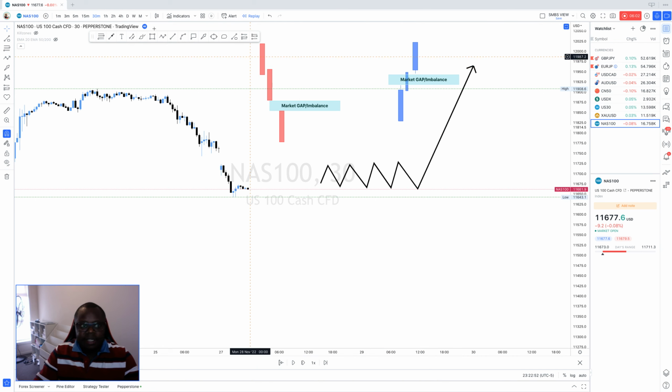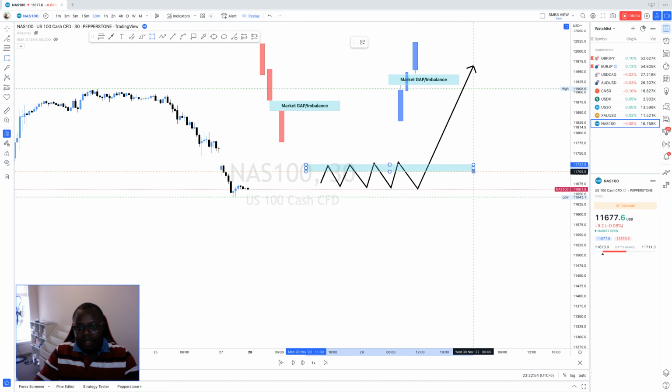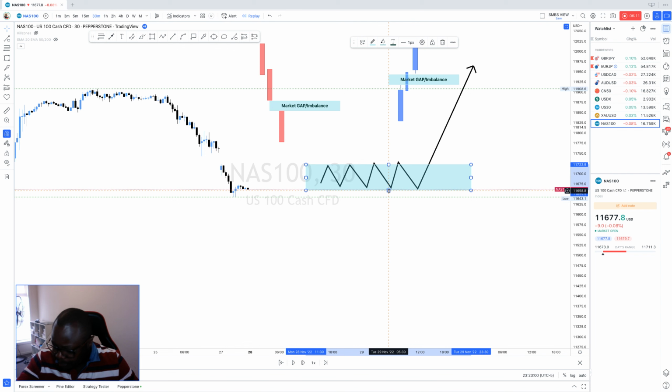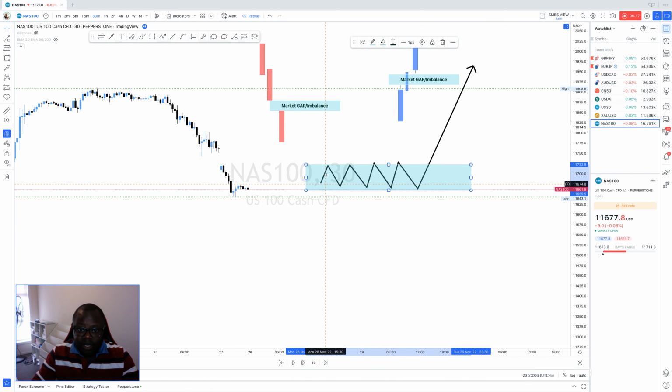So in between this region here, price is consolidating. This is when I say that we have equal buyers and equal sellers, because they're trying to outshine each other. The buyers push the price up to here, the sellers reverse the price.